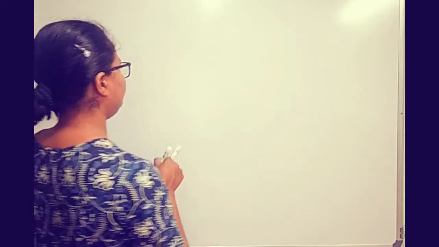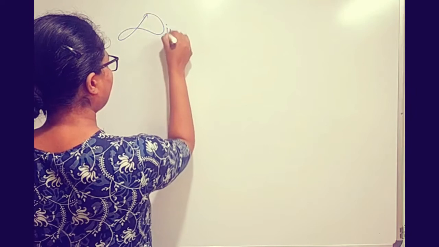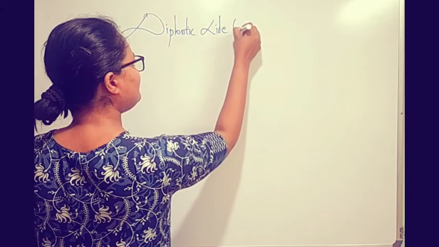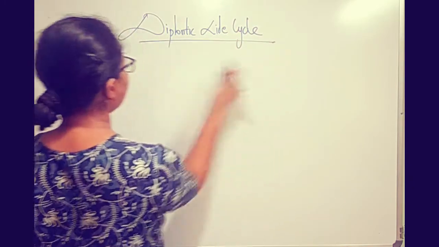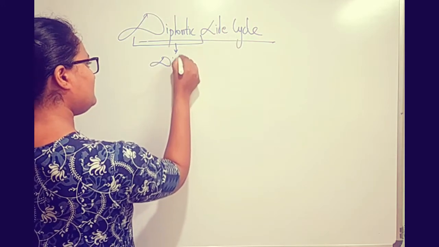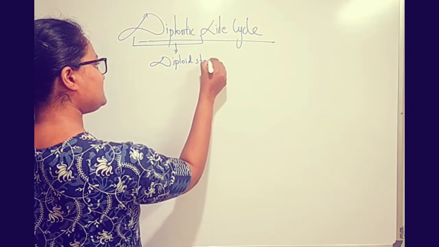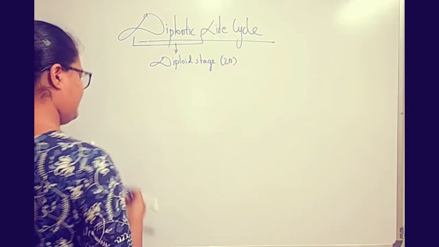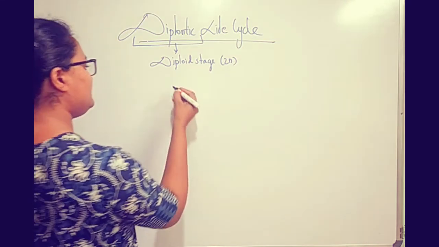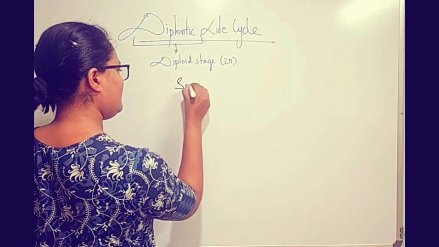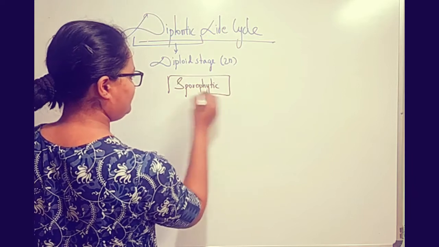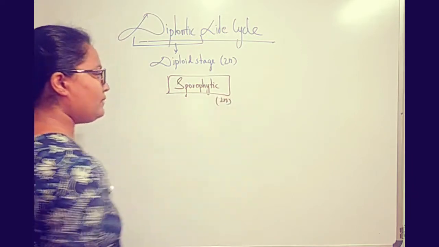So that is our diplontic life cycle. As the name indicates, the diploid stage is dominant. How does the life cycle in plants start? Always sporophytic, and we know sporophytes are diploid.